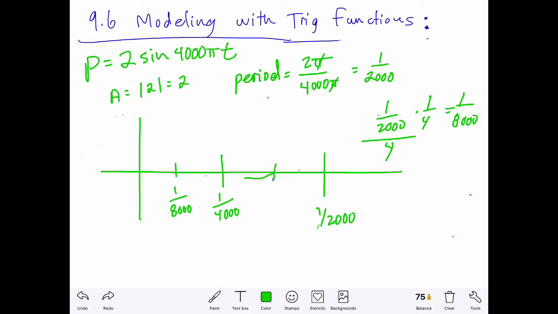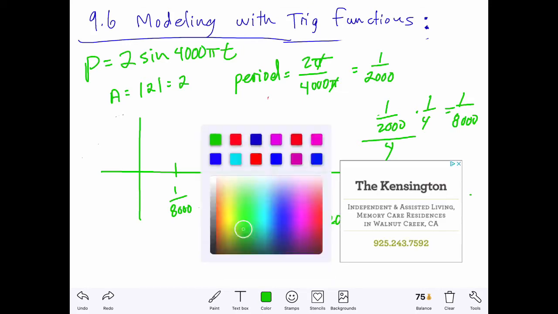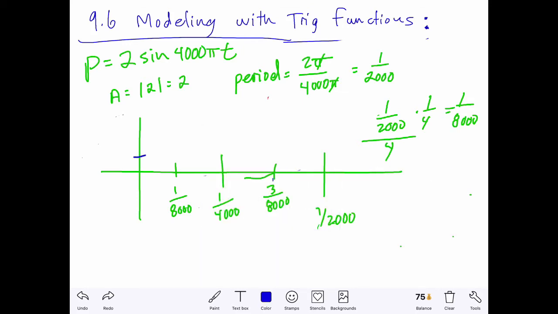And then 1 over 4,000 plus another 1 over 8,000 would be 3 over 8,000. And then finally we get to 4 over 8,000, which is 1 over 2,000. Okay. And then the maximum pressure it's going to reach is 2. And remember with sine, where do we start? Well, we start on our midline.